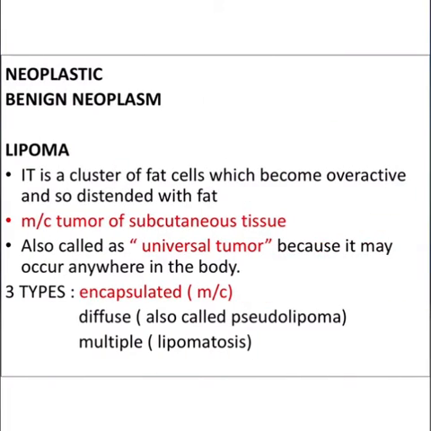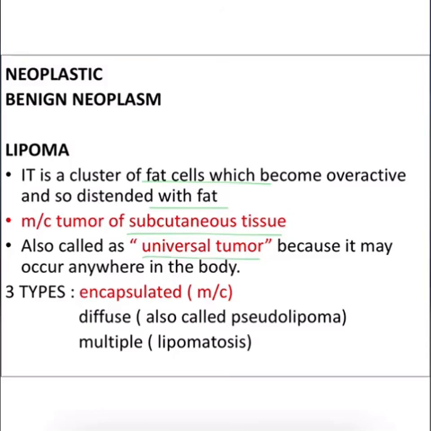Okay, so we are discussing neoplastic swellings. First, benign neoplasm examples, like lipoma. Lipomas are a cluster of fat cells which become overactive and so distended with fat. It's the most common tumor of the subcutaneous tissue. Every third, fourth person can get lipoma.